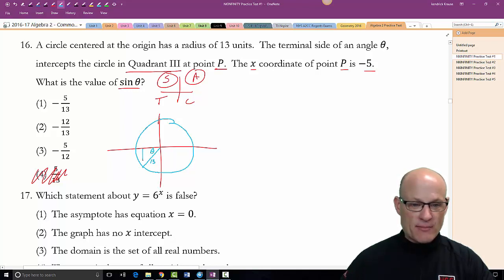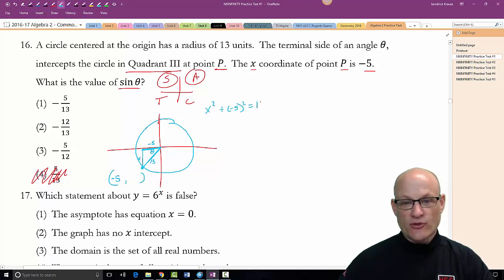Well, if you remember correctly, anytime you're doing this, we're going to create a right triangle here. It said the x value of that point is 5. Excuse me, negative 5. I really got to find this value right here, so I'm going to call it x. x squared plus negative 5 squared equals 13 squared.